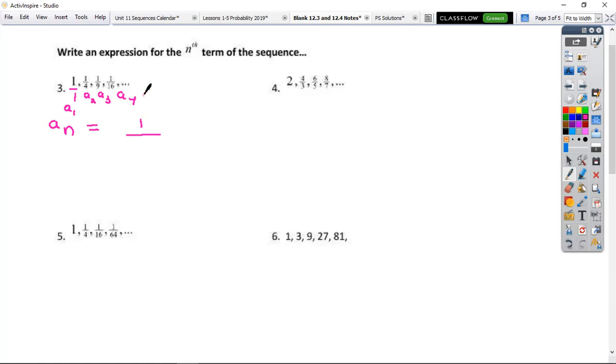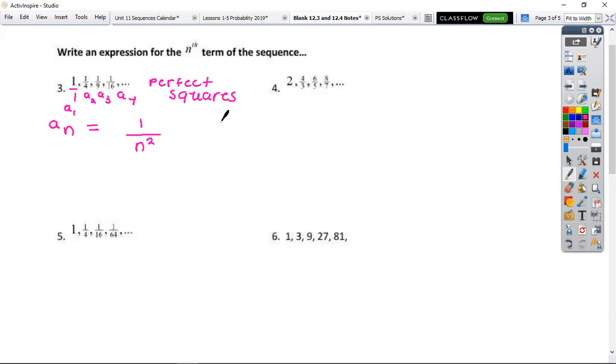Flip your sheet back. 1, 4, 9, 16. Perfect squares. And what is the expression for perfect squares? Oh, you guys should know that. N squared, exactly. That's all. So those are perfect squares. That's it. There's your first pattern.